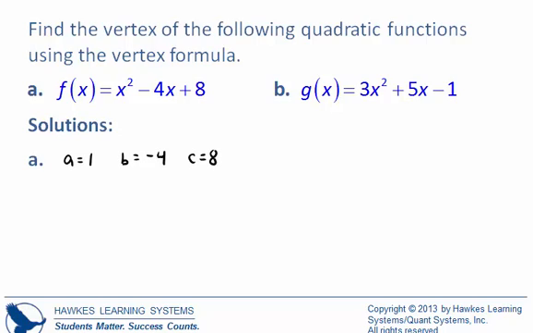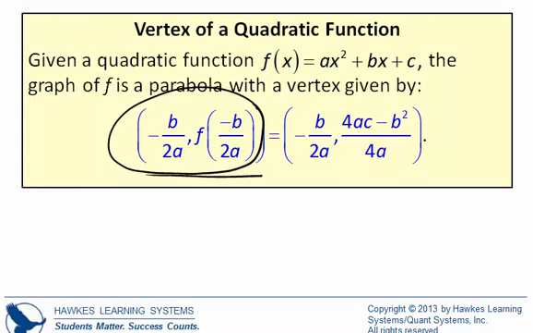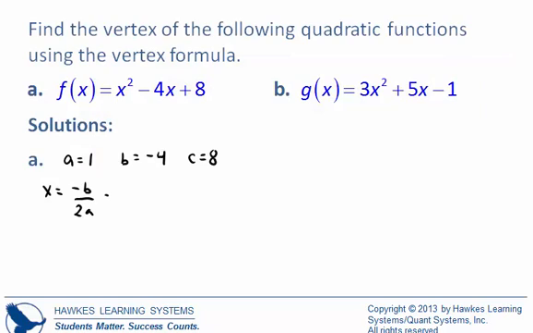Now, my vertex formula says that x is equal to negative b over 2a. So let's plug into that. So I am going to, in place of the b, now notice that the negative goes in there anyway, and then I'm going to add in the b value.